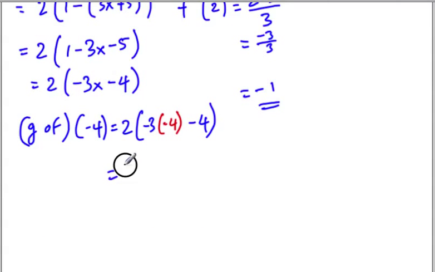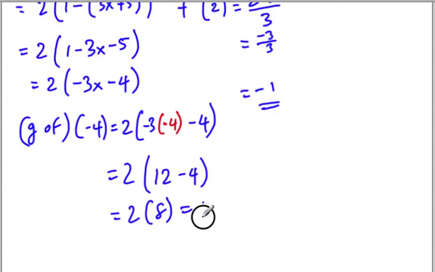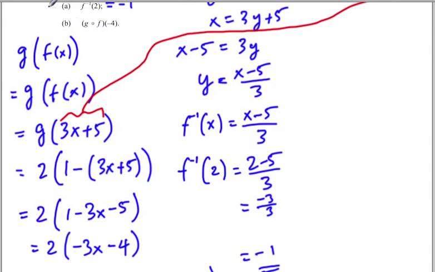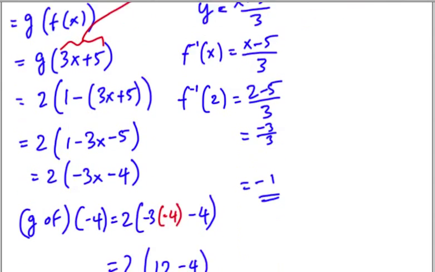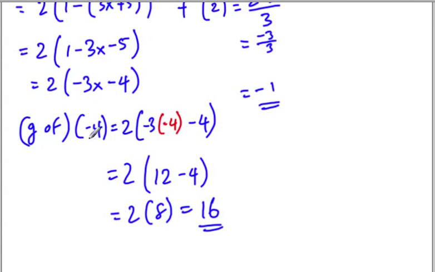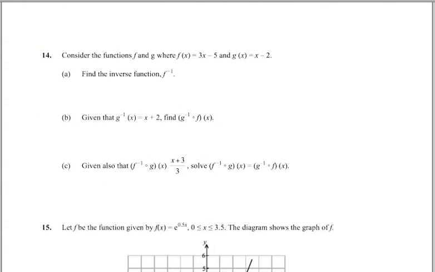So it's equal to 2 times, negative 3 times negative 4 is 12, 12 minus 4 is equal to 8. So it's 2 times 8, which is equal to 16. So the answer to this one is 16. All right? So once you find g of f of x, then just basically plug in negative 4, and that's our solution. Okay, let's move on to the next one.